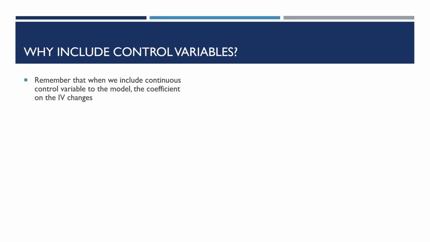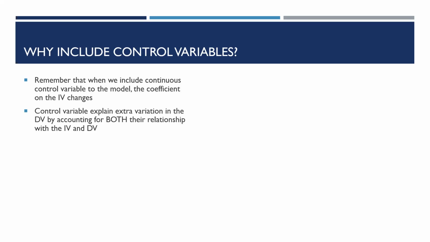So, just to start off, you'll remember that when we include a continuous control variable in the model, usually what you'll see is that the goodness of fit statistic is going to improve and that the coefficient on the independent variable of interest should change a little bit.